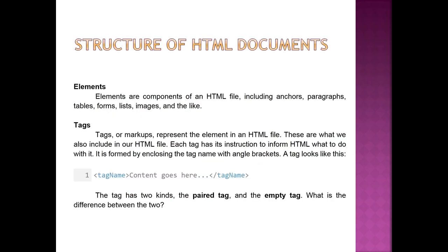We have the structures of HTML documents. When it comes to HTML documents, we have the elements and tags. Elements are the components a web page or an HTML file has. They include links or anchors, paragraphs, tables, forms, lists, images, and many more.